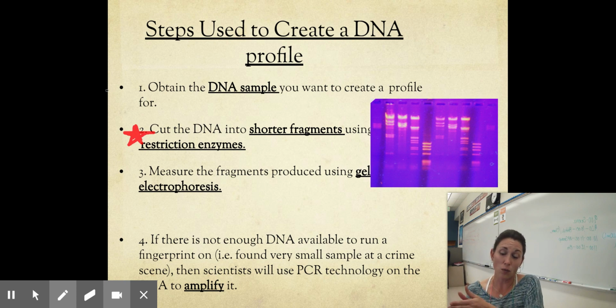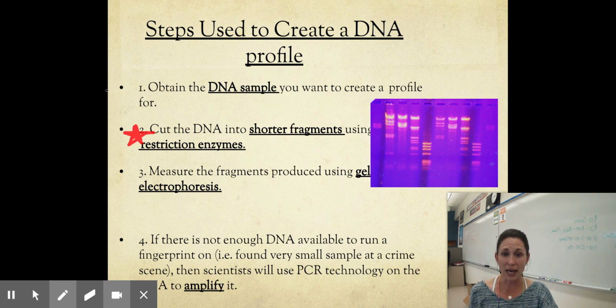Once we've cut up the DNA with these special scissors we call restriction enzymes, then we're going to put that DNA into a gel and run it through gel electrophoresis. And just like we've talked about before, the smaller pieces are going to go much further. The bigger pieces kind of stay up towards the top of the gel, and that electricity pushes them through.